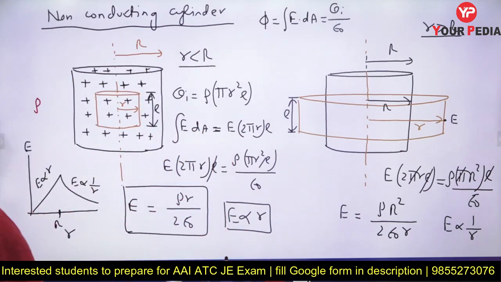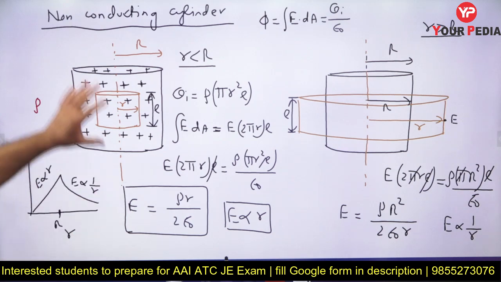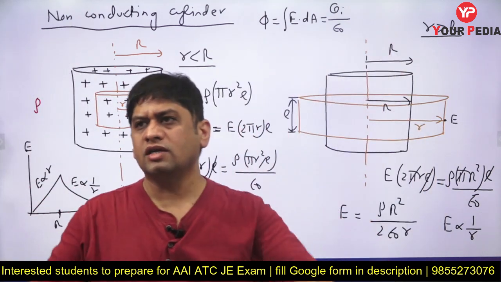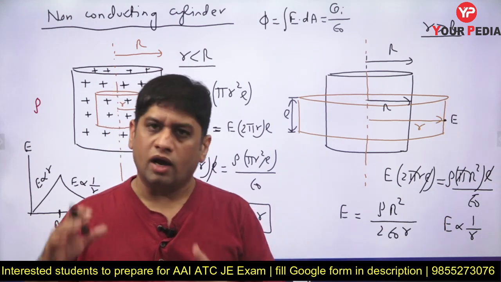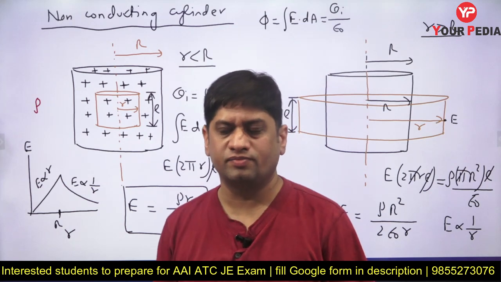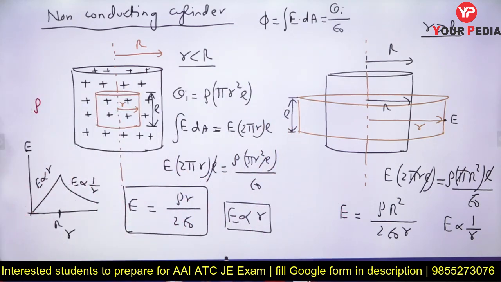This derivation is actually not very important. The non-conducting cylinder is not very important. The wire is very important, the sheet is very important, and the first case of the cylinder, the conducting cylinder and all, they are very, very important. So these expressions are important.